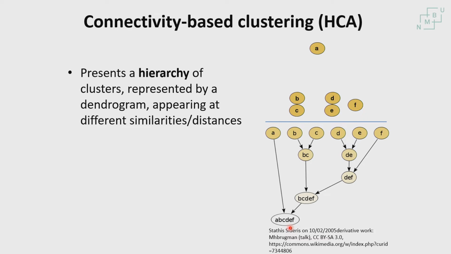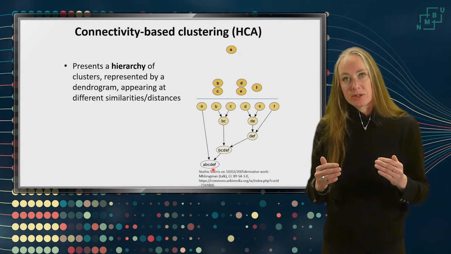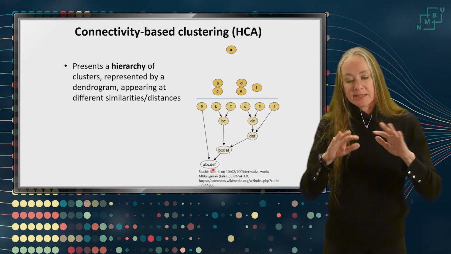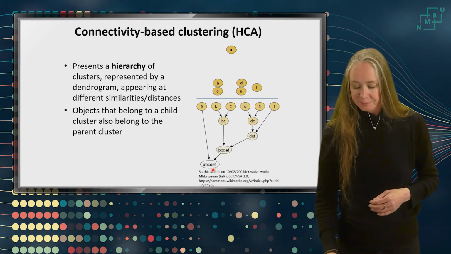So by doing this, we get an overview of different cluster solutions appearing at different distance thresholds. This gives us the overview to choose how many clusters we should use, because we can see the different configurations appearing at different distance thresholds.